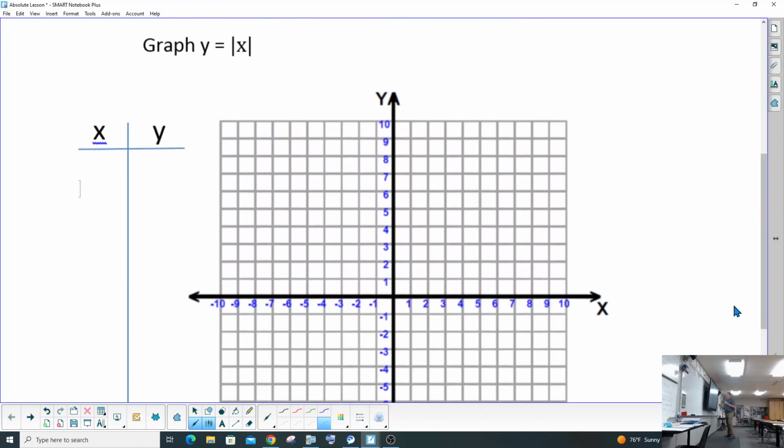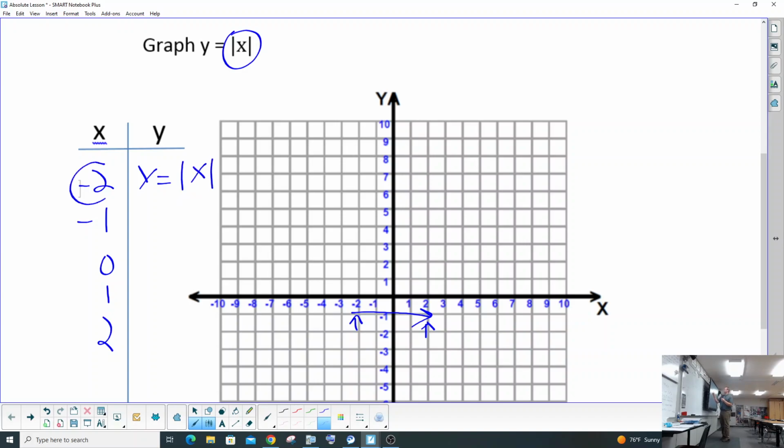Okay, so I'm just going to choose some values that go from left to right, starting with -2 and finishing with +2. So on your guided notes: -2, -1, 0, 1, 2. Then y equals the absolute value of x, our parent function.